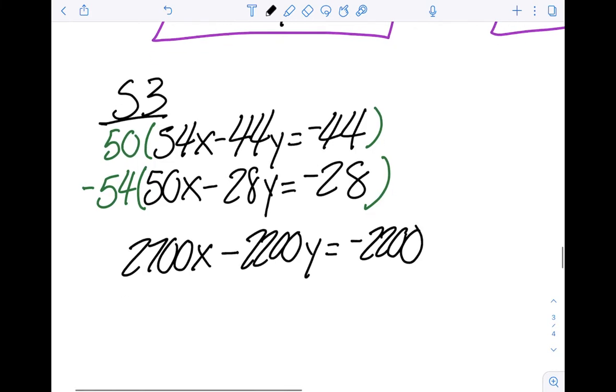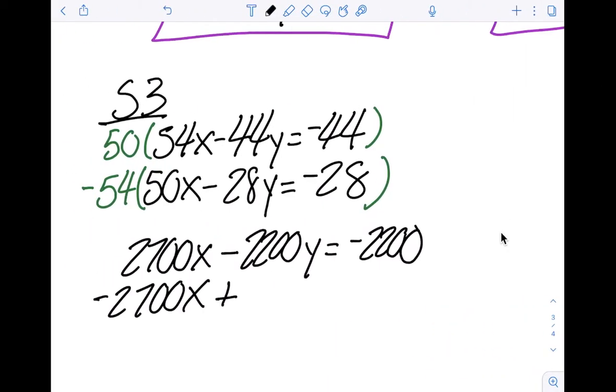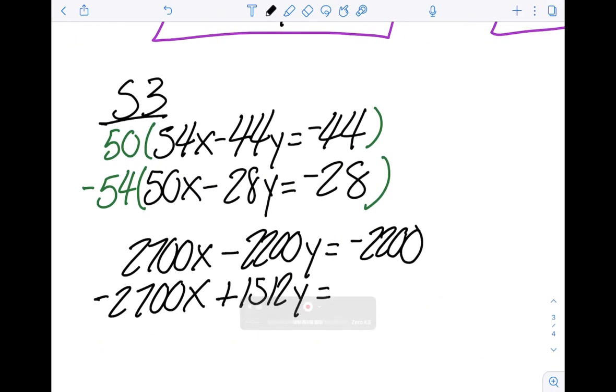All right, negative 54 times 50 is going to be negative 2,700x. Negative times negative is positive. 54 times 28, right? 54 times 28 gives me 1512y is equal to negative times negative is positive. 54 times 28 is 1512 as well.